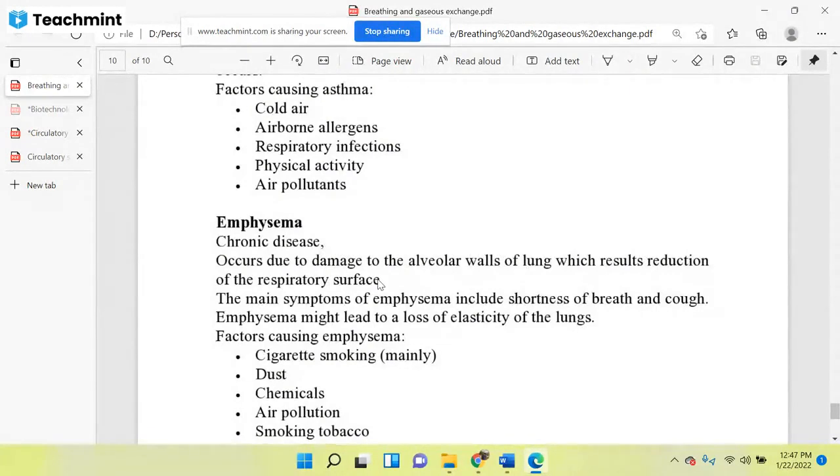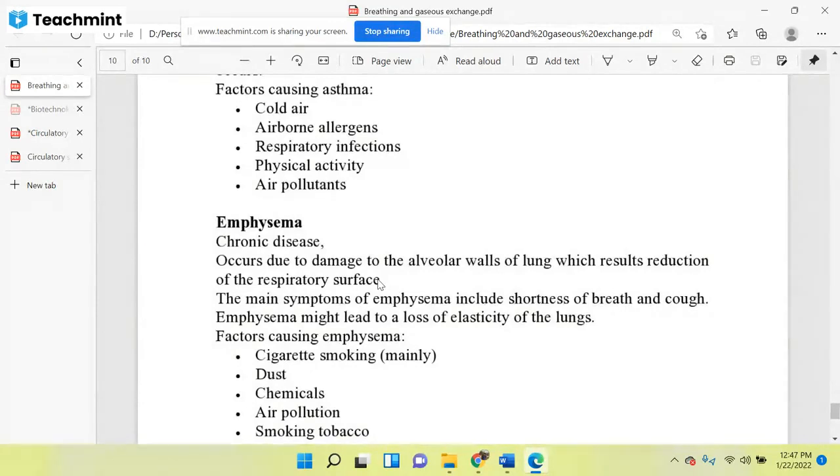So what happens? You know that due to the specific structure of this alveoli, the surface area of this alveoli increases, and due to the increased surface area, a maximum amount of exchange of gases takes place.